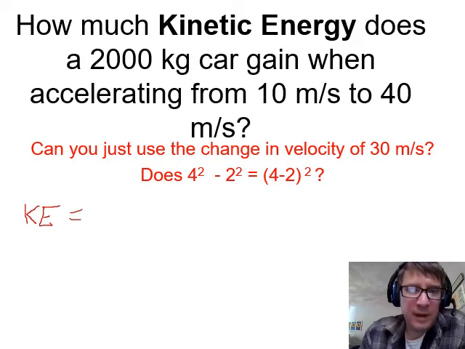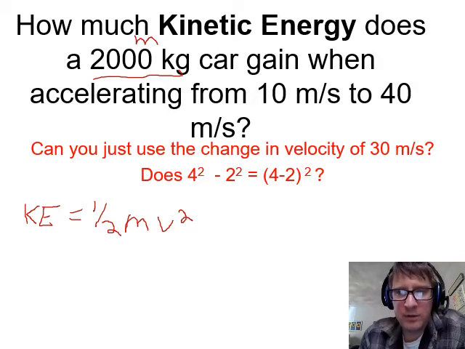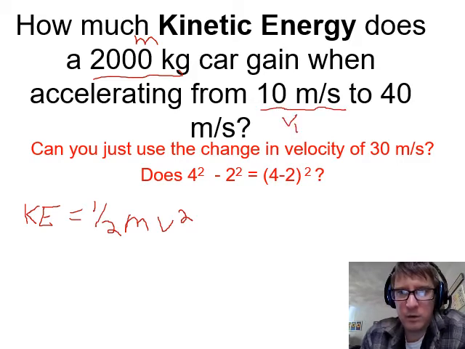The problem is telling you kinetic energy, so you should immediately think, well, how does it fit into a kinetic energy equation like this? And what's happening is this car, and I know right away I have a mass, so that's a good start. A 2,000 kilogram car is going to gain some kinetic energy when it accelerates from an initial velocity to a final velocity.